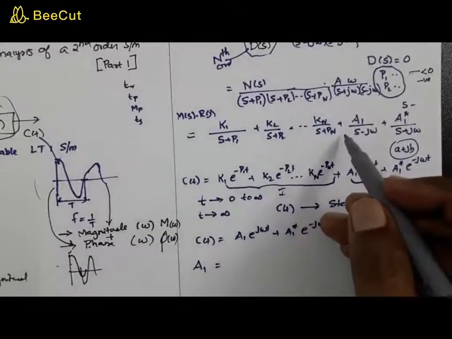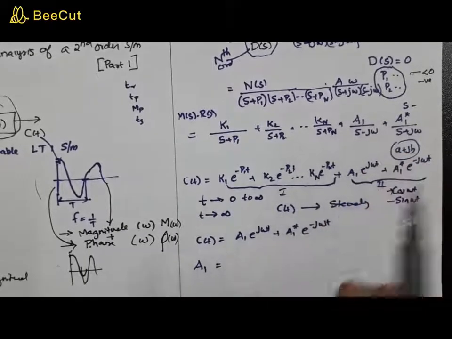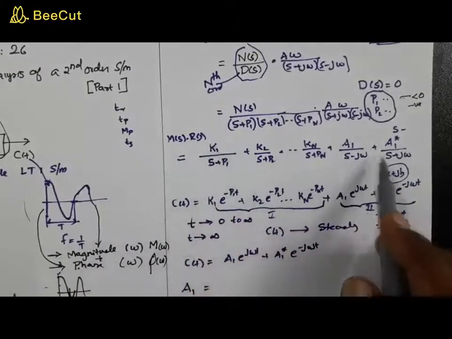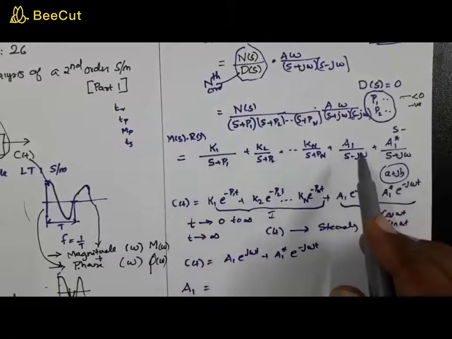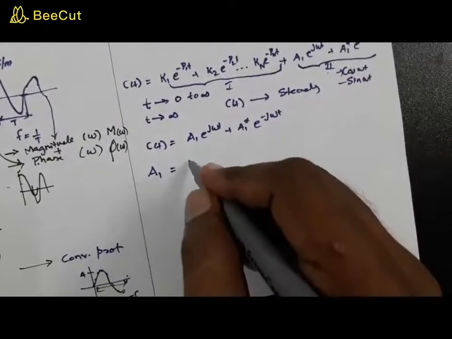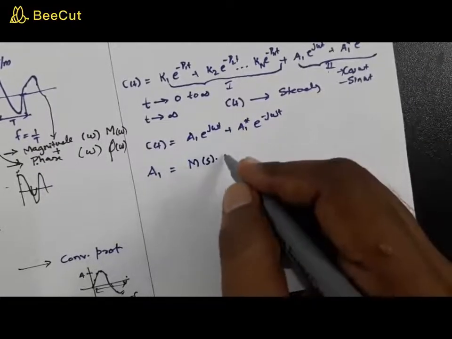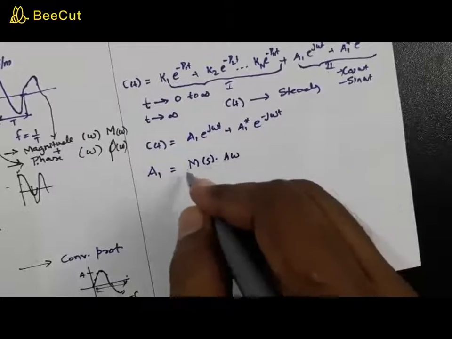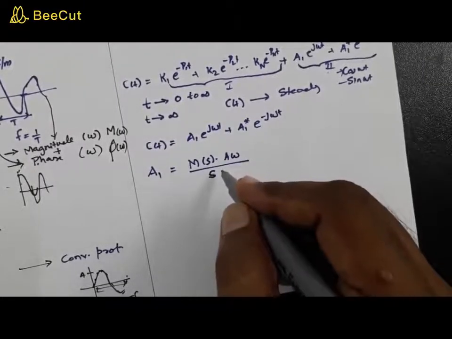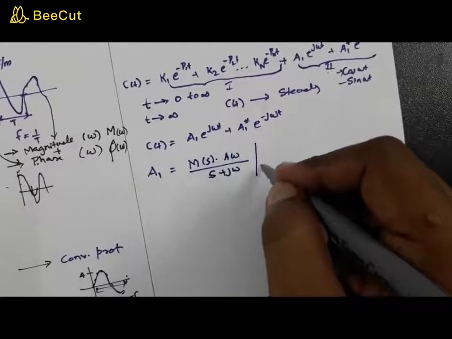All the other factors get reduced to 0. The only thing that remains is a1. So multiplying throughout and eliminating all this, when you put s equal to j omega, you will get m of s into A omega by s plus j omega, at s equal to j omega.